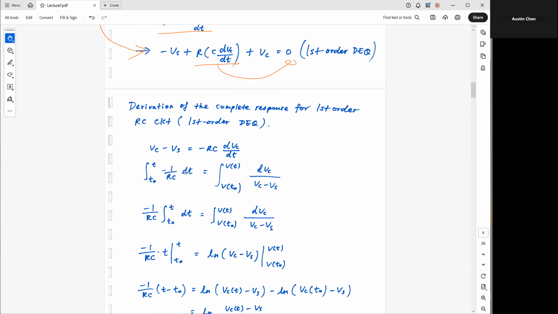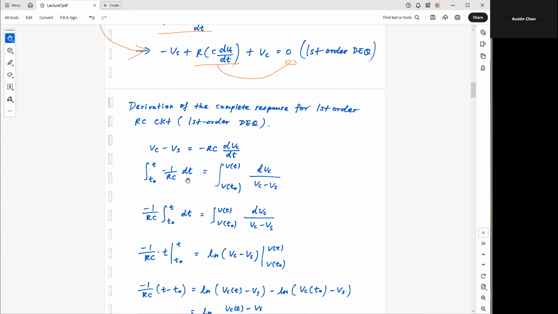So now I'm going to take the integral on both sides. One more step that I did, or maybe two more, is that I move this minus RC to here, and then I move VC minus VS to the other side, and then I take the integral.